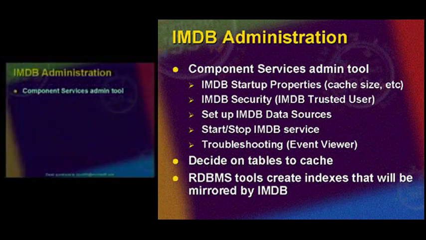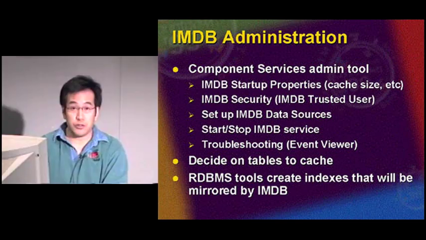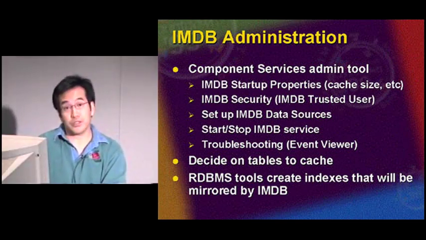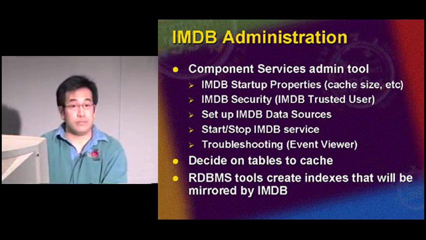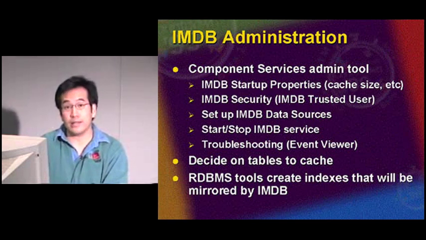The Component Services Administration admin tool is a central tool for providing most of the operations that are required for administering IMDb. This would include IMDb startup properties, such as the number of megabytes that IMDb initially allocates, selections such as whether or not the IMDb service will dynamically or statically load SQL Server and Oracle tables, and other features.